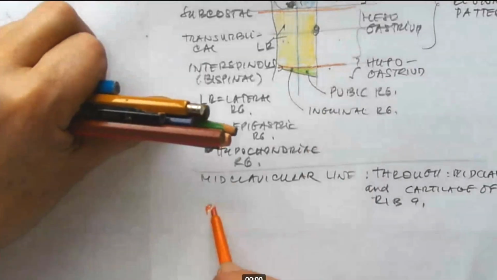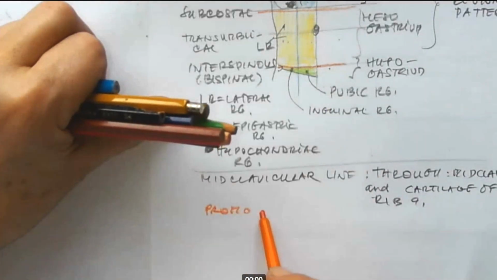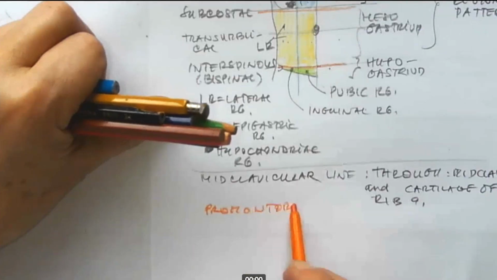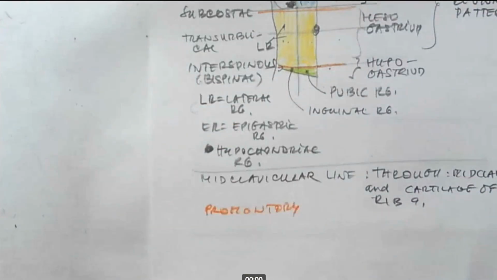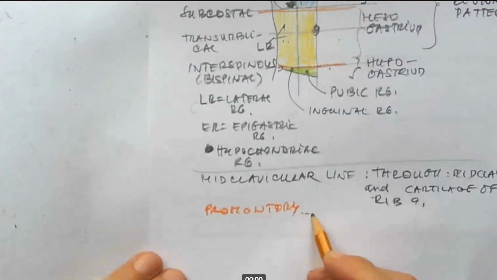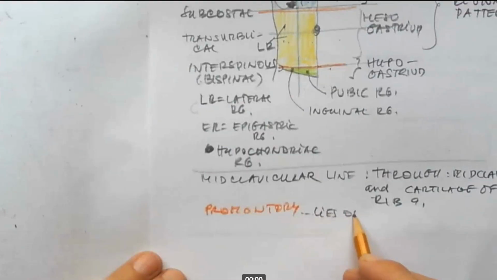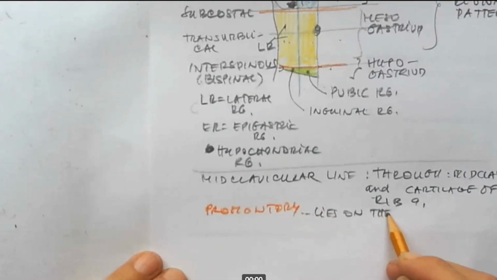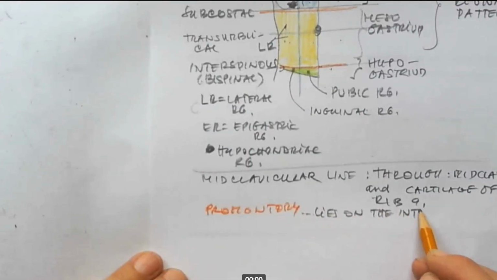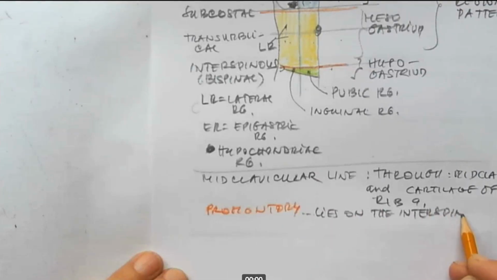Maybe it's not bad to put that. We are speaking about a projection, just the promontory. The promontory lies on the interspinous line.